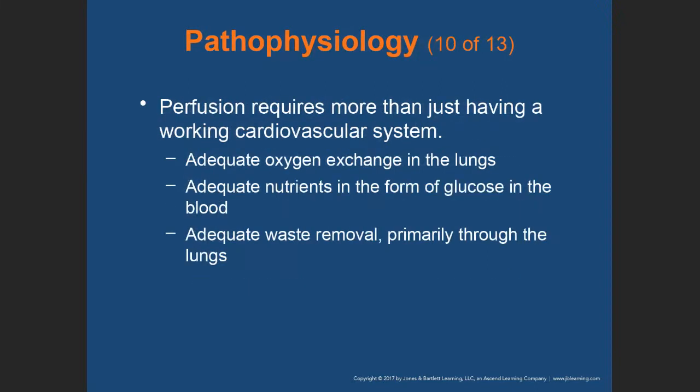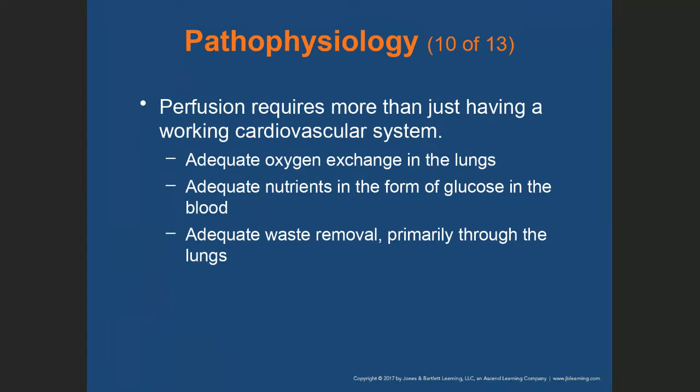Perfusion requires more than just having a working cardiovascular system. So even though the perfusion triangle consists of the heart, the blood vessels, and the contents, which is the blood and plasma, the lungs play an important part in the perfusion process.